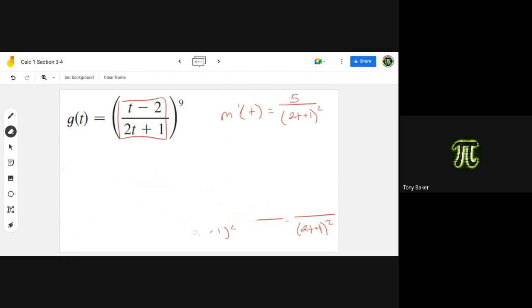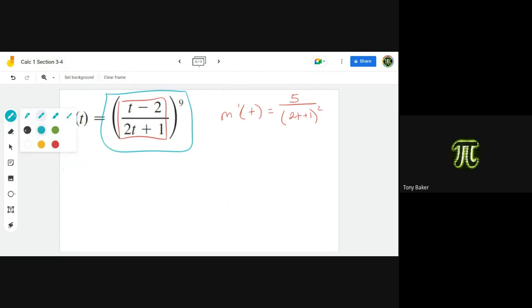Don't worry, I have another slide with all this on it, so it's not going away for your notes. All right, so what's the derivative of the whole thing now? Five times two plus one squared.